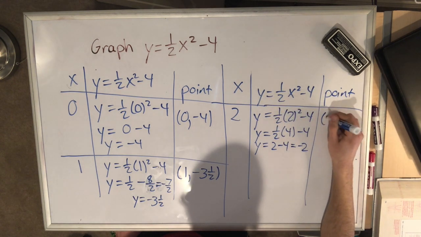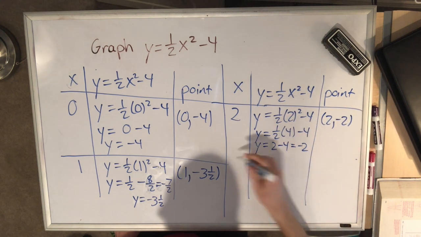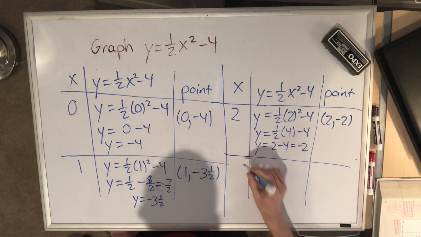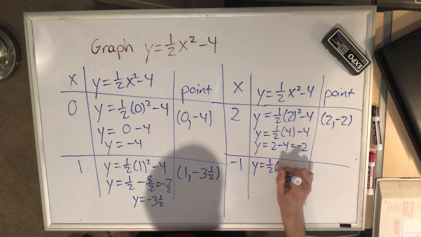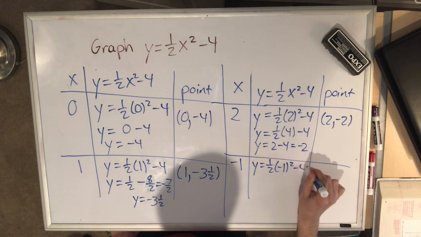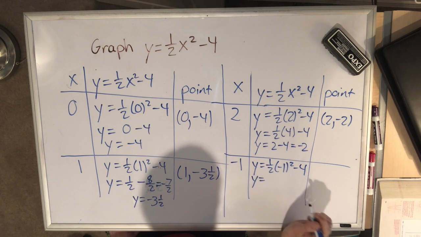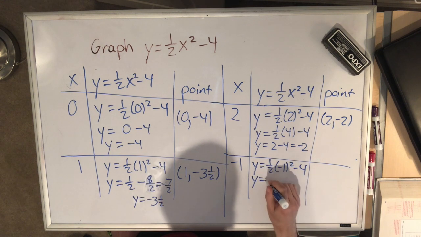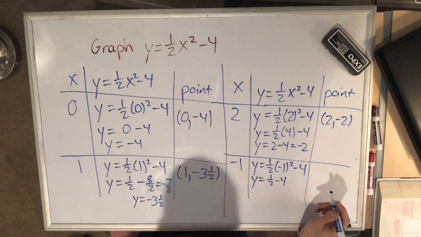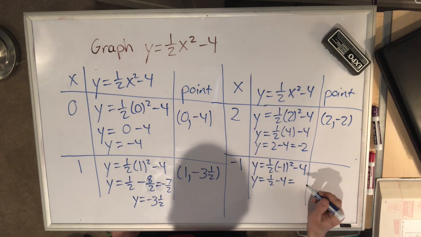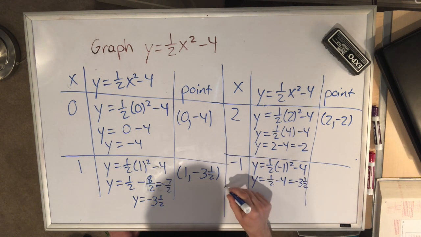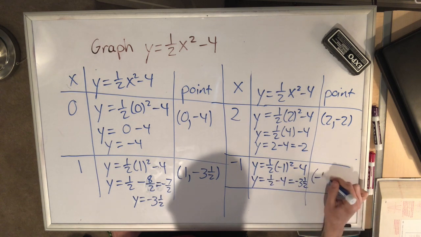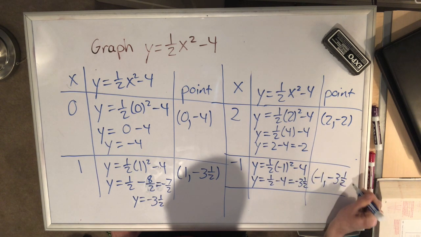That gives us the point 2 comma negative 2. Substituting in negative 1 for x, we'll get y equals 1/2 times negative 1 squared minus 4. Negative 1 times negative 1 is positive 1. 1/2 times 1 is 1/2. 1/2 minus 4, as we saw earlier, is negative 3.5. So we get the point negative 1 comma negative 3.5.